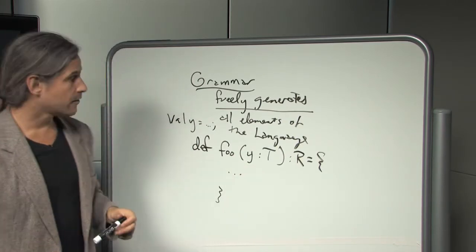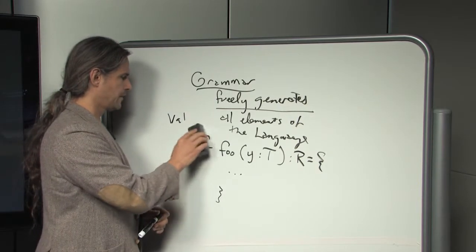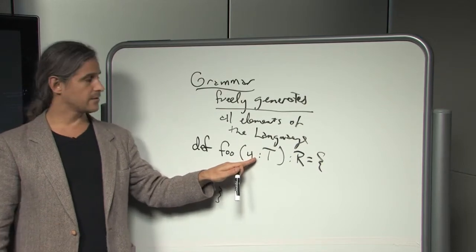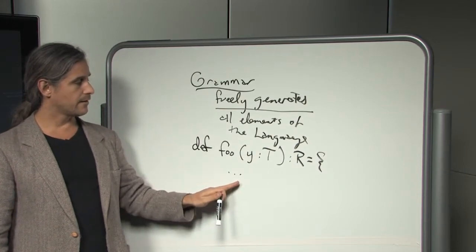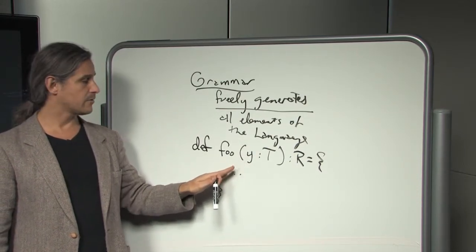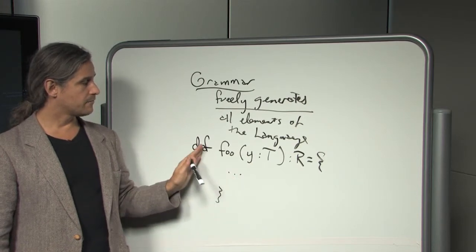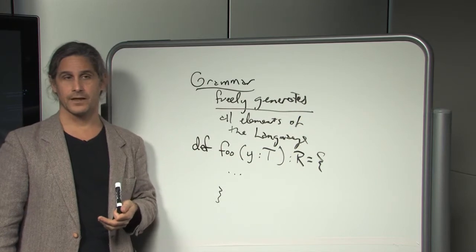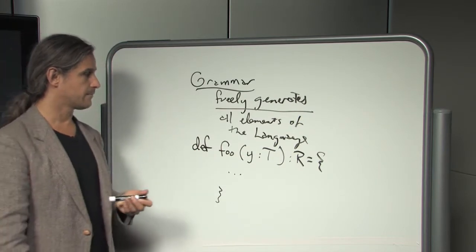But as long as I'm careful to pick a new variable name that doesn't clash with something already there, and then I systematically replace the x for the y, then the foo in x and foo in y need to be the same. We need to treat them as if they were the same.